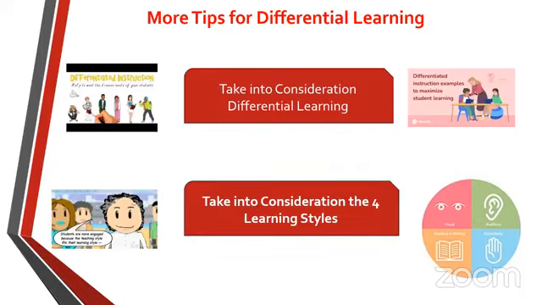Maybe you have different ideas, different styles, different things that you need to take into consideration during your lesson plan. It's very important to take into consideration all the learning styles, the abilities, and the interests. These three are important: the abilities, the interests, and the learning style of each student I have in the class. And this has to be included in my lesson plan.